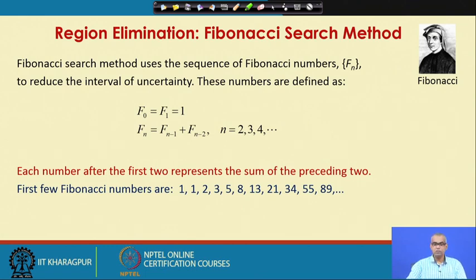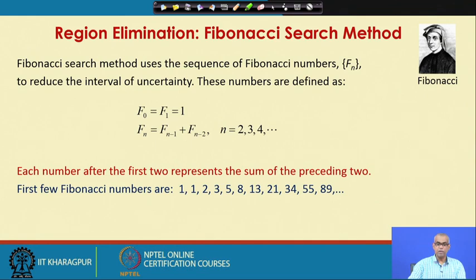So, let us start our discussion with the Fibonacci search method. The Fibonacci search method uses the sequence of Fibonacci numbers to reduce the interval of uncertainty. These numbers are defined as follows: f0, the first Fibonacci number, is equal to 1, f1, the second Fibonacci number, is also equal to 1, and then any number fn is the sum of the preceding two numbers.